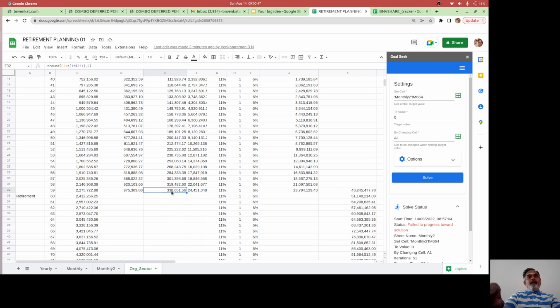This additional investment is now calculated, and it works out to be the total corpus fund, that is from our investment as well as the PPF, both worked out to be 4.82 crore.